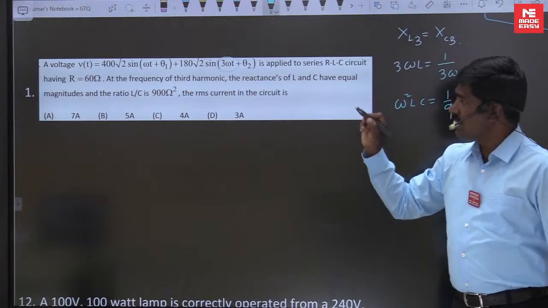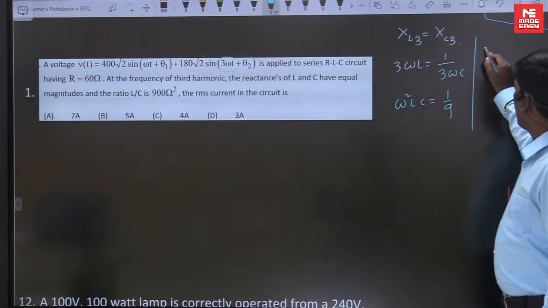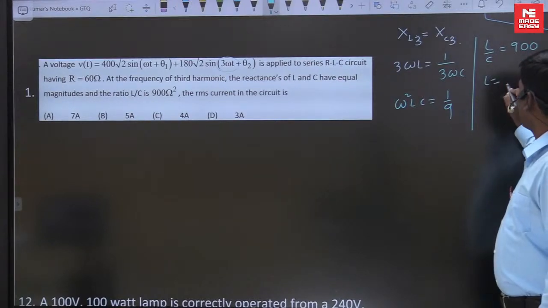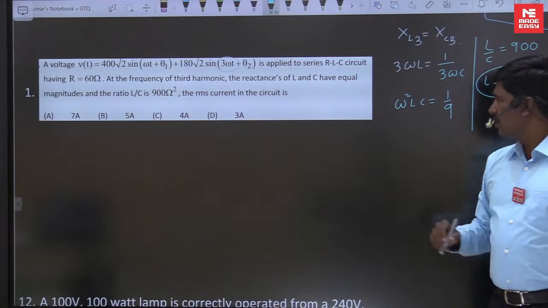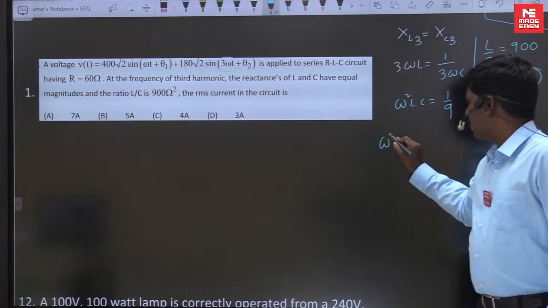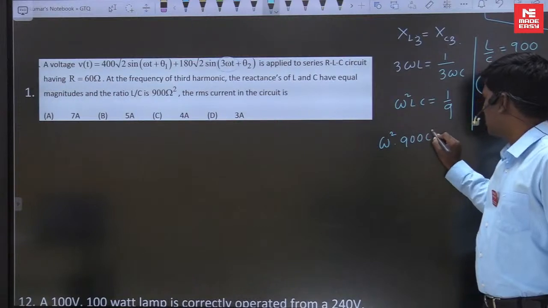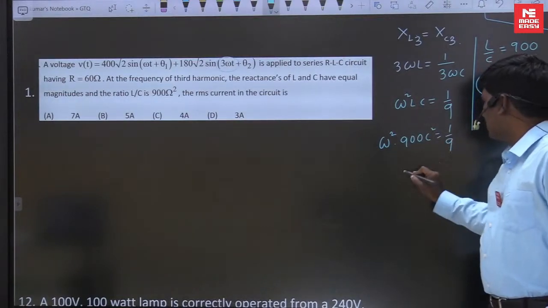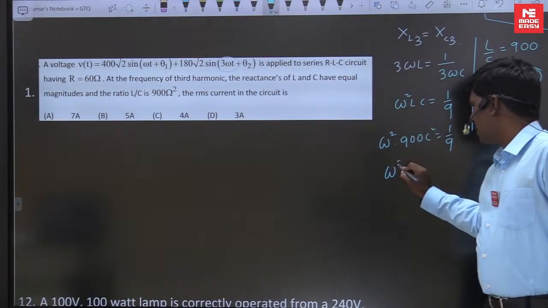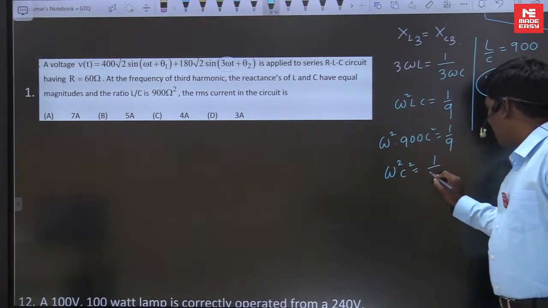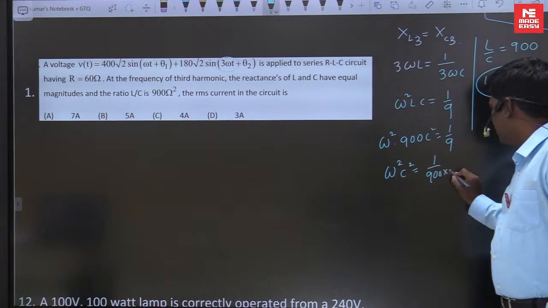L by C is equal to 900 is given, so L is equal to 900 into C. Substitute here: omega square times 900 into C square is equal to 1 by 9. Omega square C square is equal to 1 by 81, that is 900 into 9.